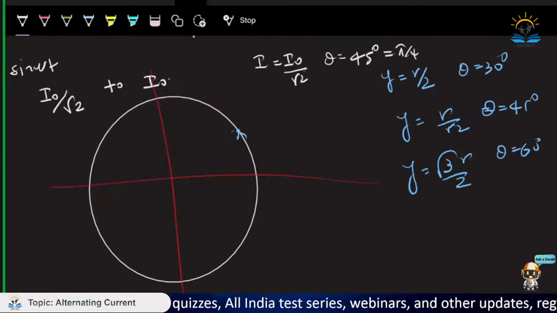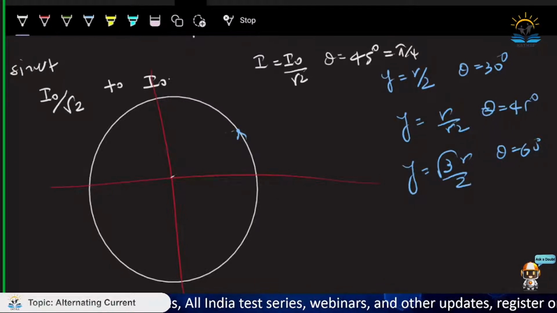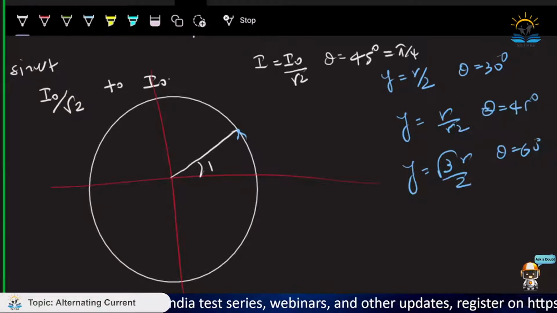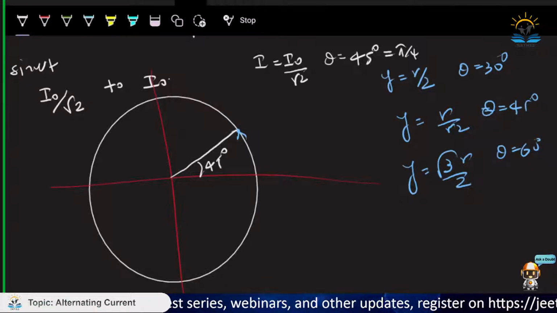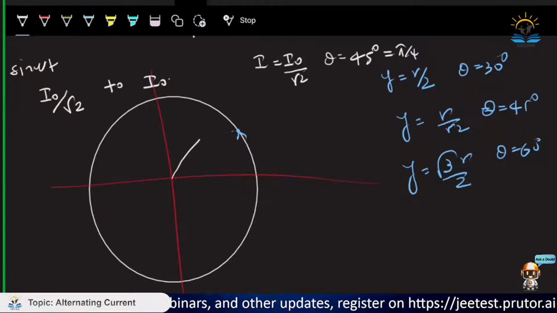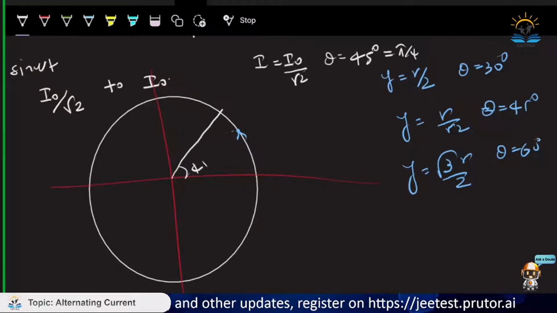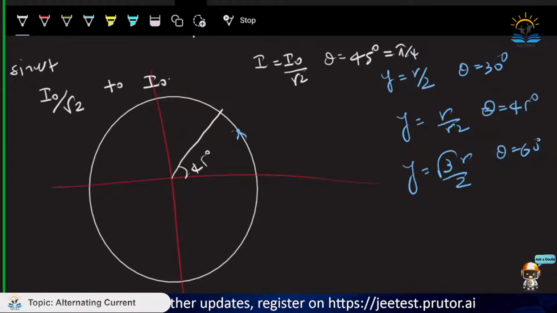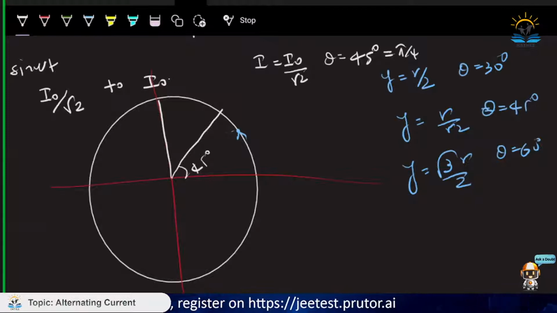So the first current is at 45 degrees. Next the current becomes I naught, which means sine 90, so it reaches here.